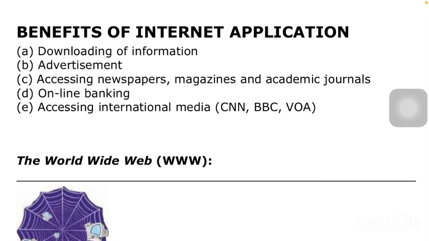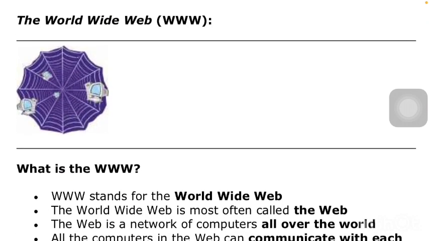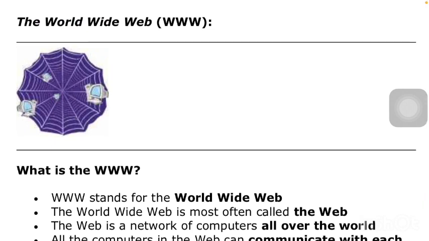You can also do online banking. You can access international media like CNN, BBC, VOA, and Sahara Reporter, as we have in Nigeria. You can access your church website like dclm.com.org.